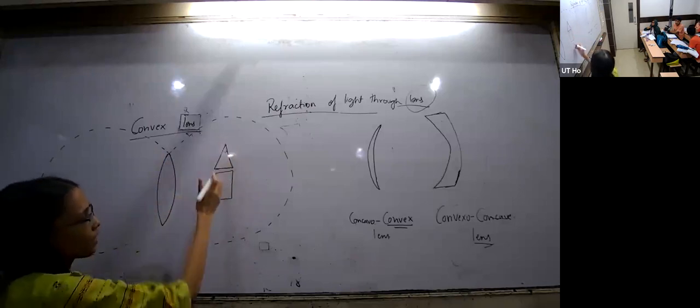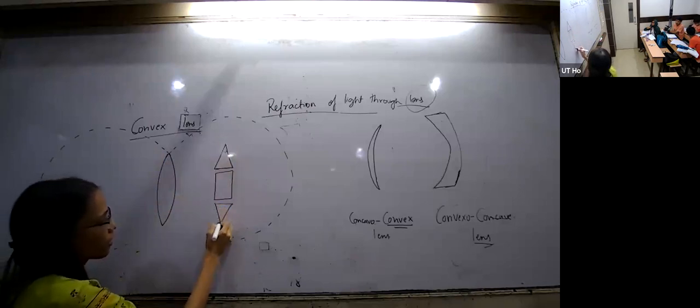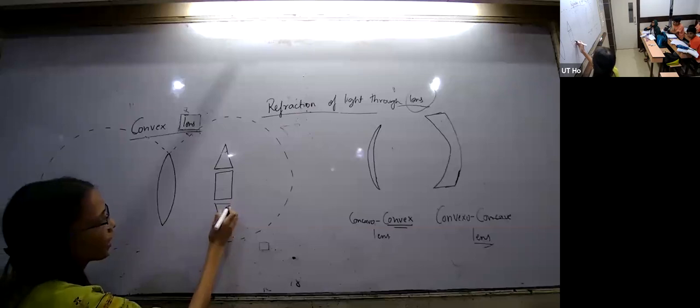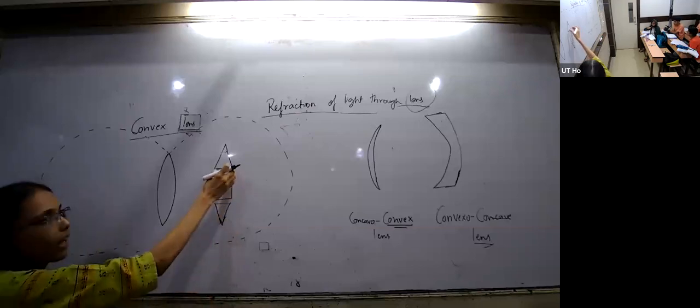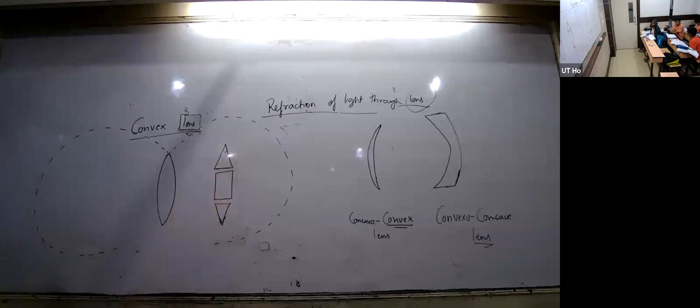This is the prism structure, thicker at the center and tapering towards the end. So if I replace this with this diagram and check the ray diagrams, how will the ray pass through it? You will understand what will happen for this particular case, which is the convex lens.